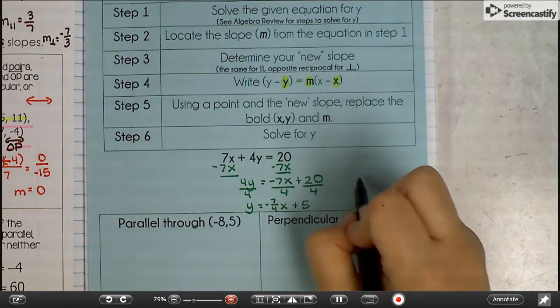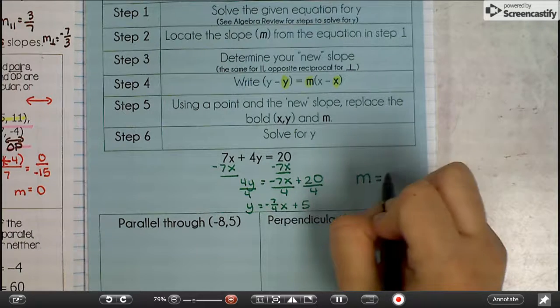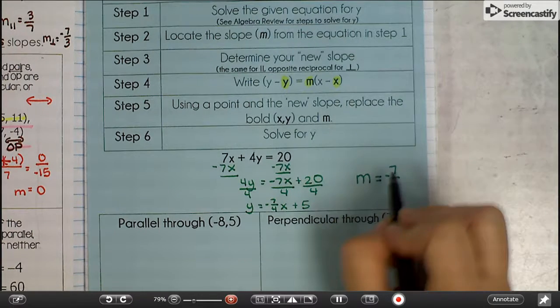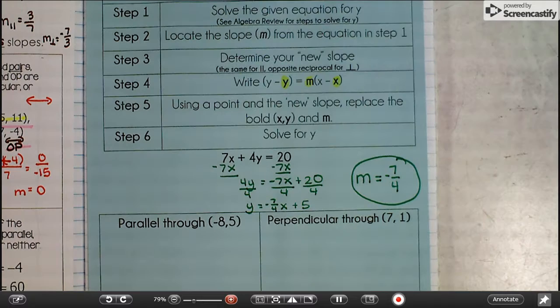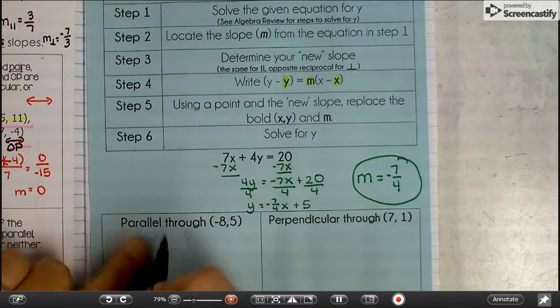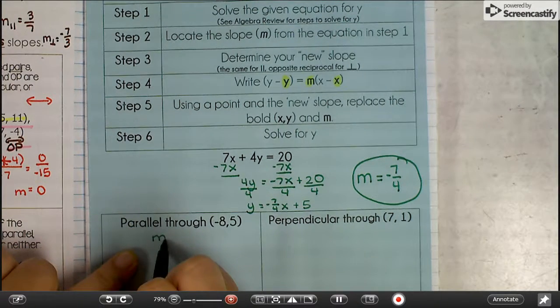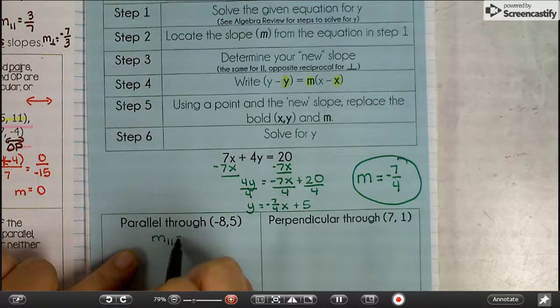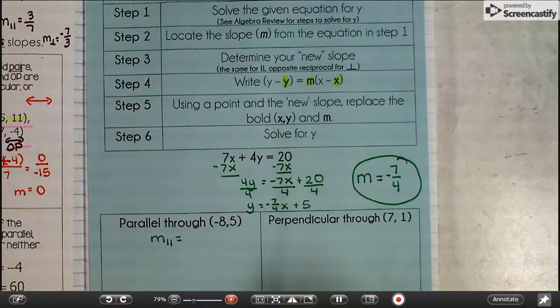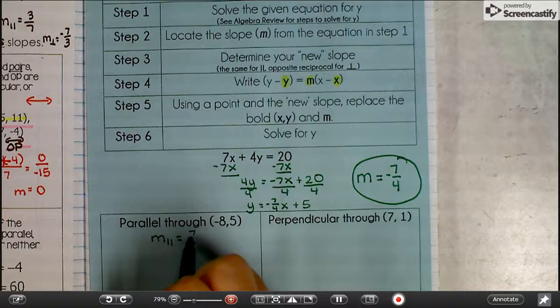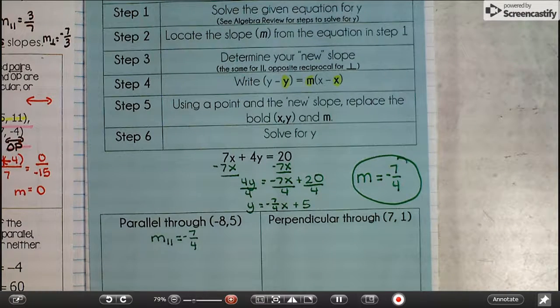All right, our slope is negative 7 over 4. That's step 2. We located the slope from the equation in step 1. Next, we're going to decide the new slope. So if we're doing a parallel line, our new slope, parallel, is the same. Parallel lines have the same slope. So negative 7 over 4.